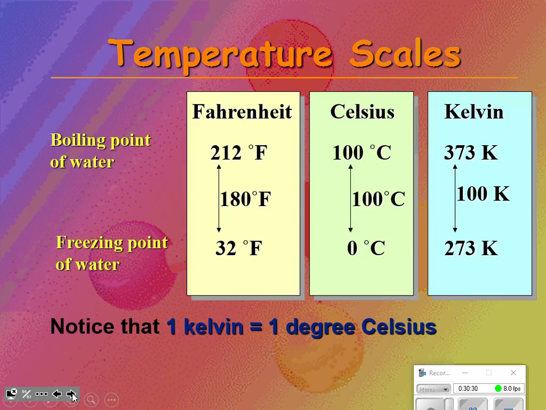And what makes another point, okay? Do we say 100 degrees Kelvin? For some reason with the Kelvin scale, we just say Kelvin. We don't put degrees. It's degrees Fahrenheit, it's degrees Celsius, but it's just Kelvin.